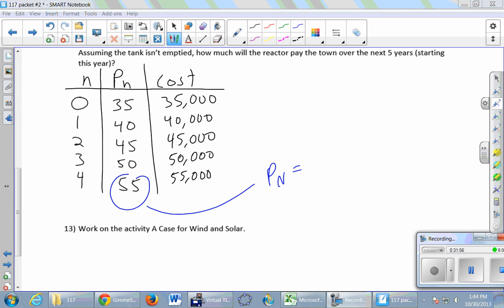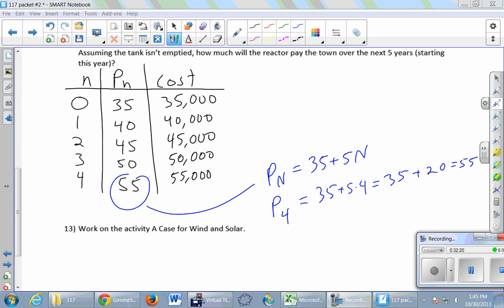Our formula for this one was 35 plus 5n. That's the formula we came up with for this guy before. The 1,000 is a separate column, so it doesn't need to be in the formula. So for example, P4 in this case, because we're in year 4, is 35 plus 5 times 4, which is 35 plus 20, which is 55.